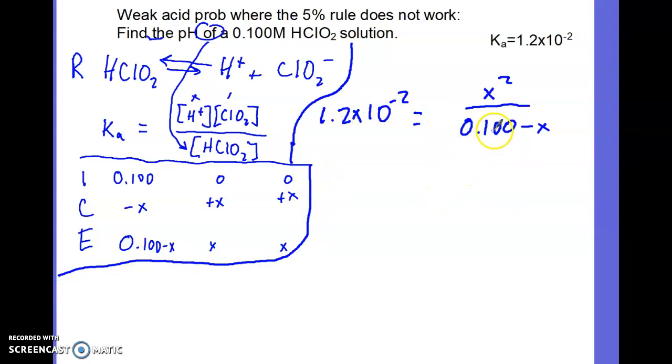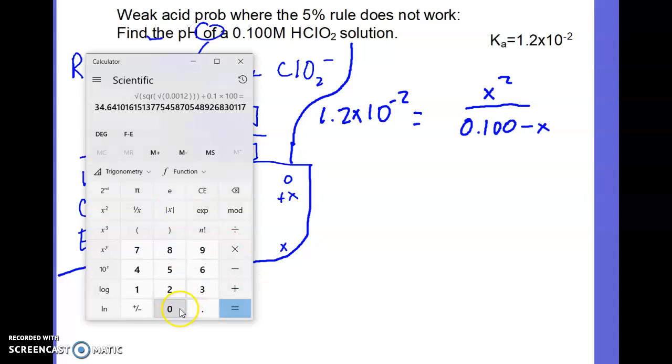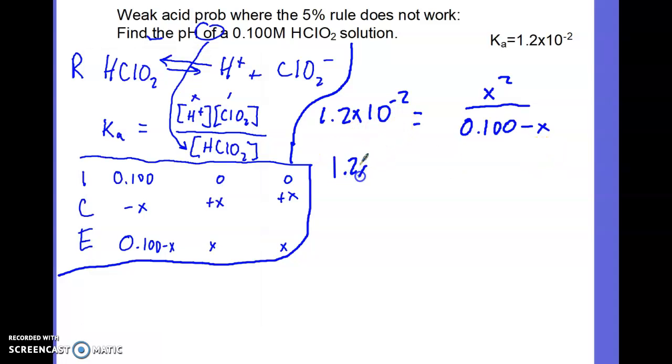Okay, so what I'm going to do is cross multiply here. That would give me 1.2 times 10 to the minus 2 x, right? Minus, I guess it would give me 0.1 times 1.2.